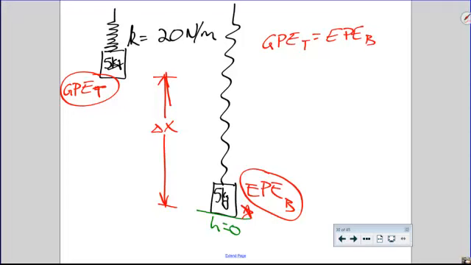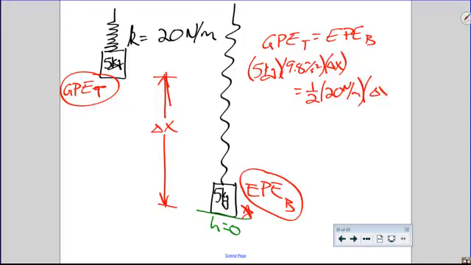So 5 kilograms times 9.8 meters per second squared times the height at the top, which is delta x, equals 1/2 times k, which is 20 newtons per meter, times delta x squared.